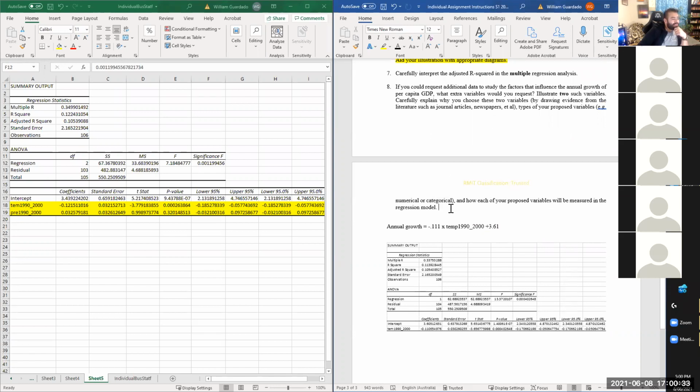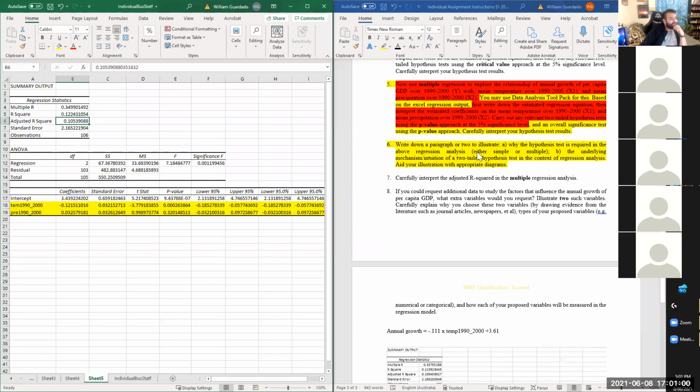And when it says how each of the variables will be measured in regression models, you'd say you would include them as X3 and X4, and you'll perform a hypothesis test to see if they increase their predictive power, so if they increase your adjusted R-squared compared to your previous test.